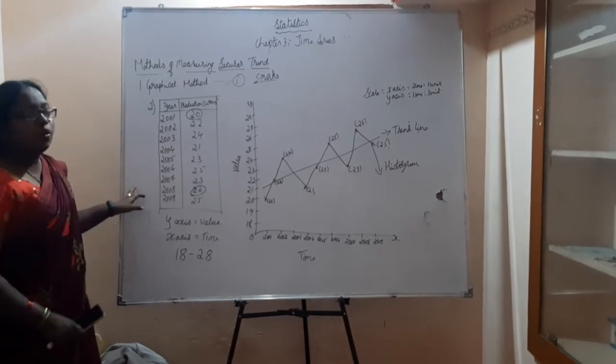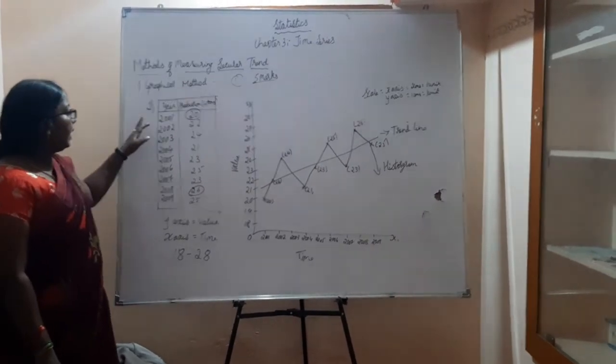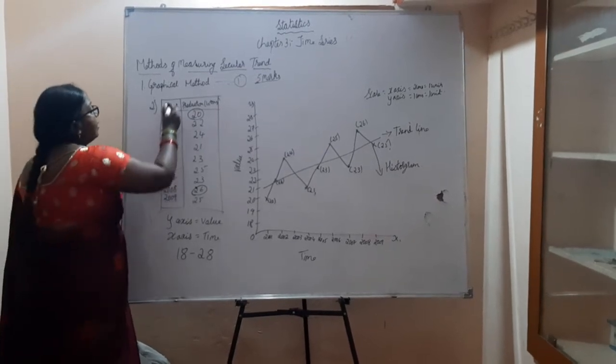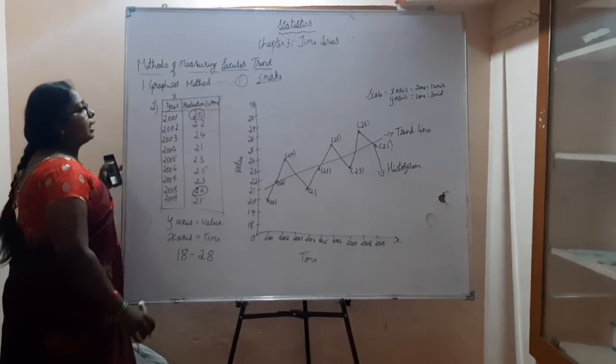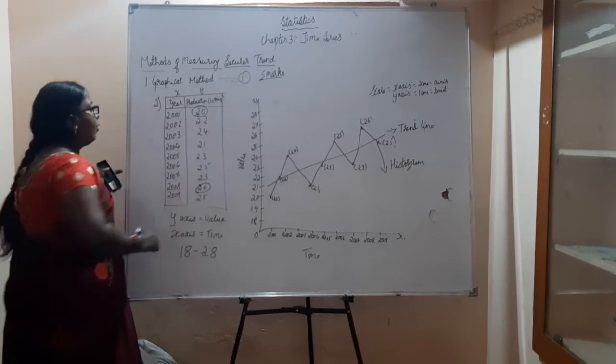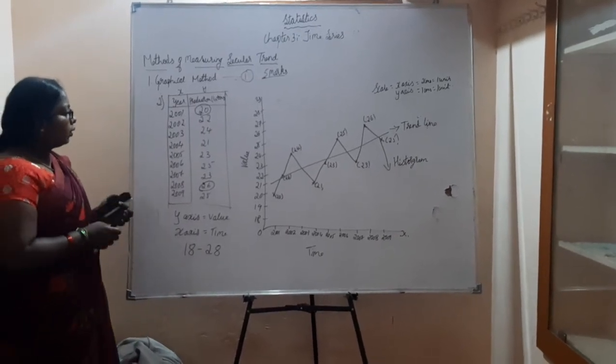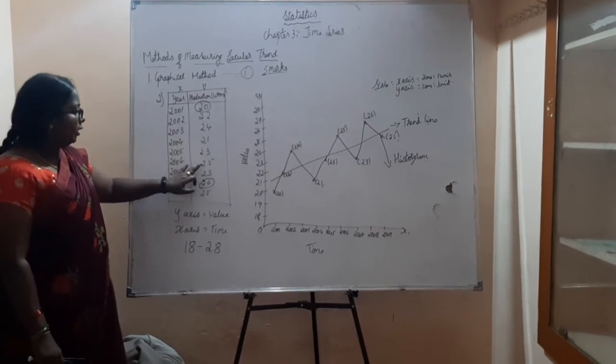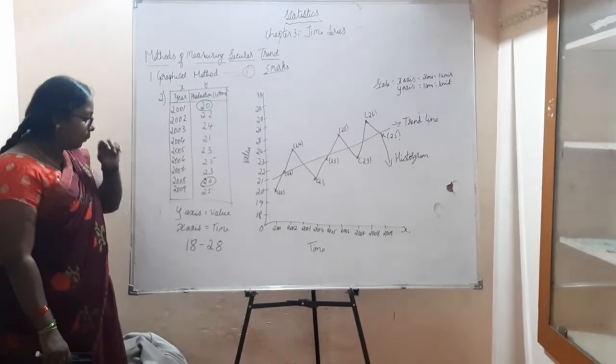I will send you notes on the problems. Once again I will explain the second problem. The data given is here: x is time, and production is my y, because it is in value. From 2001 to 2009 the values are 20, 22, 24, 21, 23, 25, 23, 26, 25.